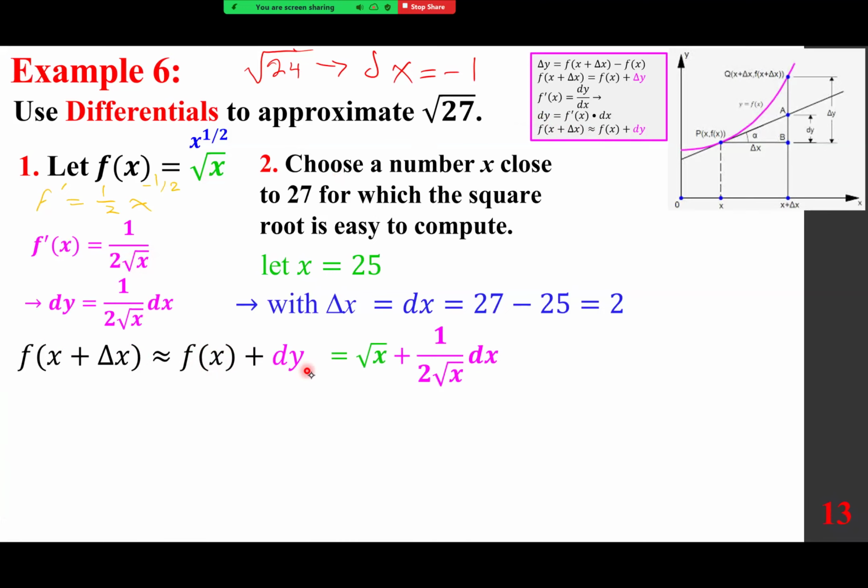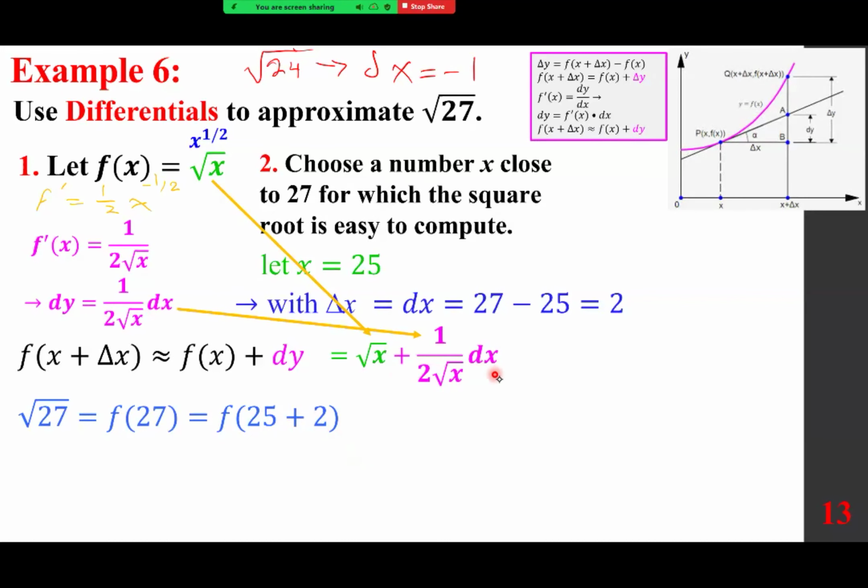We are going to find the square root of 27, which means we want f of 27 or f of 25 plus 2. So into this, we replace the x with 25 and dx with 2 to evaluate. Square root of 25 is 5. So this is 5, this is 5, these 2 cancel out.